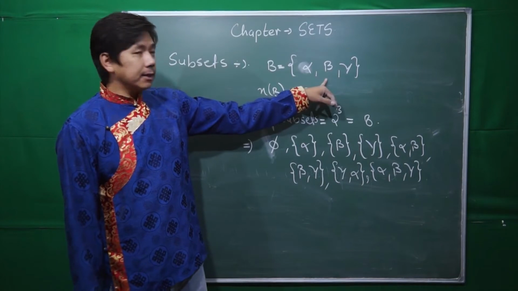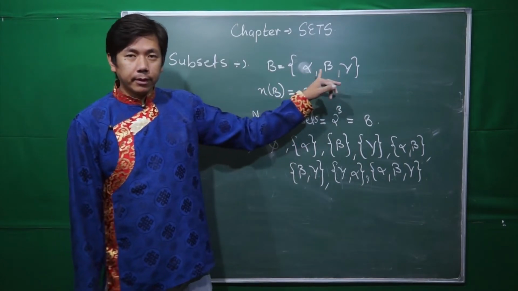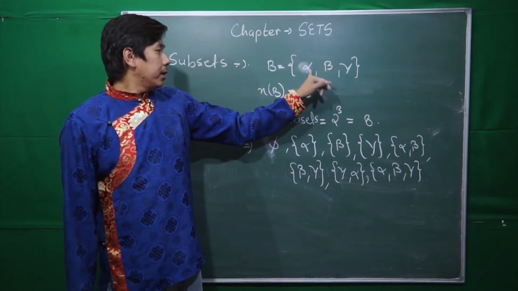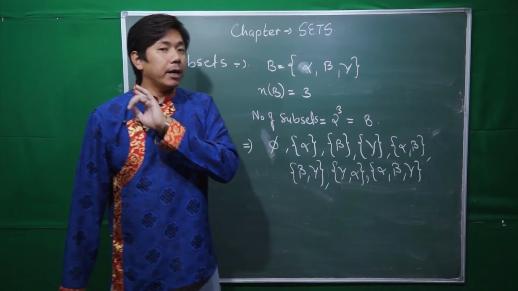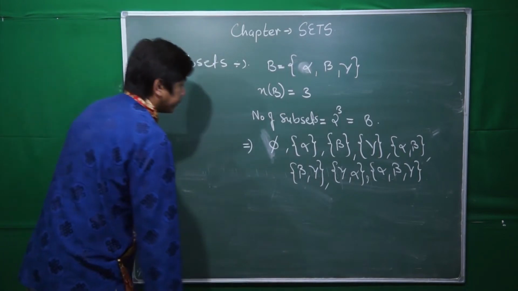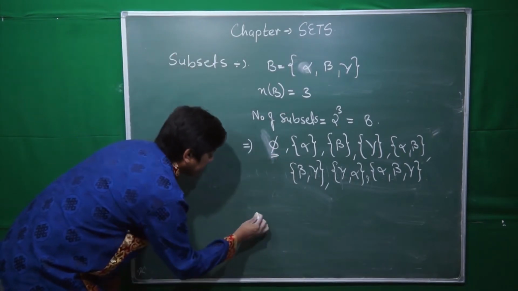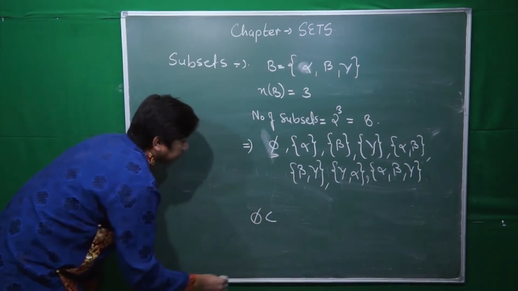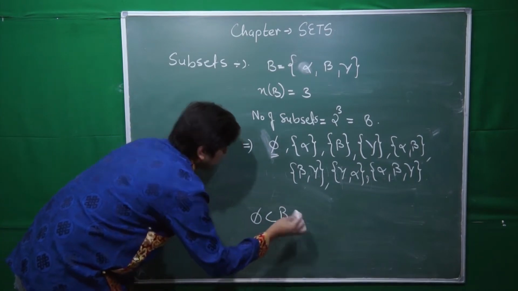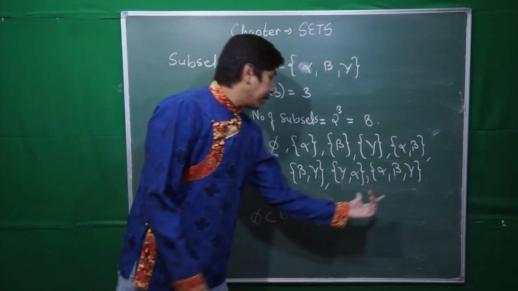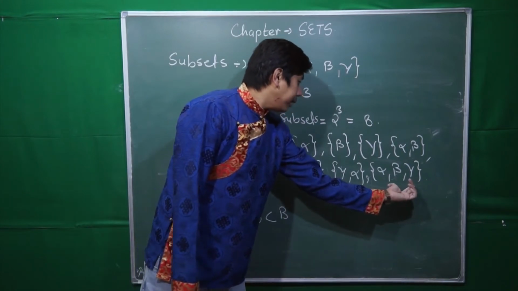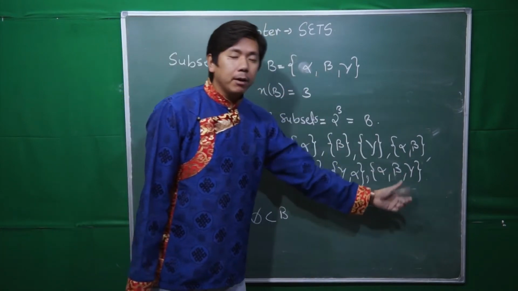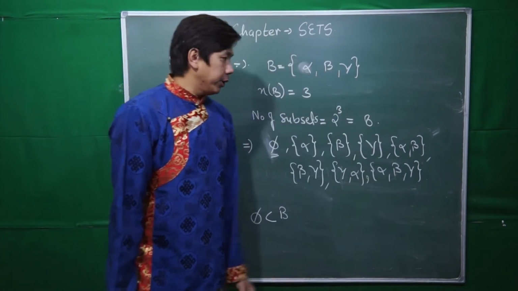So from this subset, all the elements in this subset and all the elements in B are not the same. Only one element is the same, but the rest of the elements are not the same. Therefore, we can write that this set, which is the null set, is a proper subset of B. However, in the last subset, we find all the elements are the same as in set B. Alpha, beta, gamma, all the elements are the same.